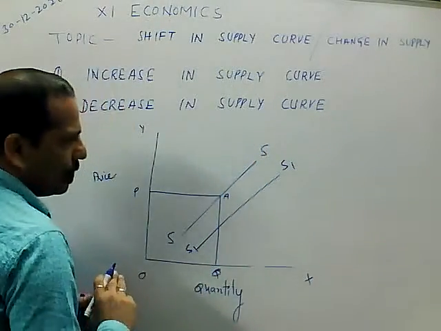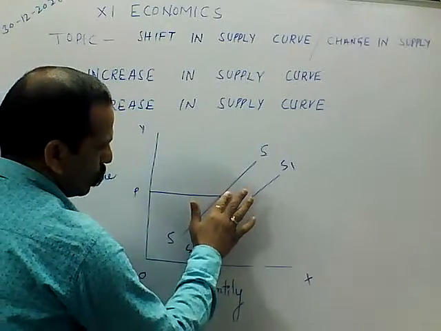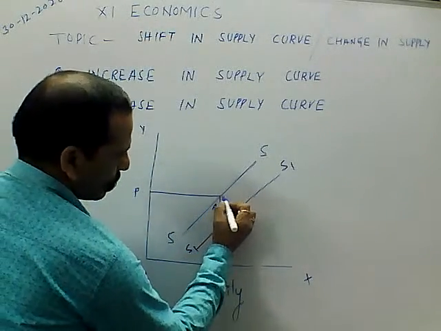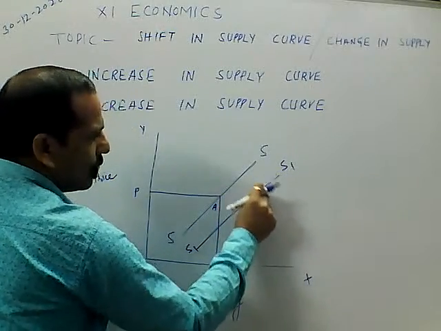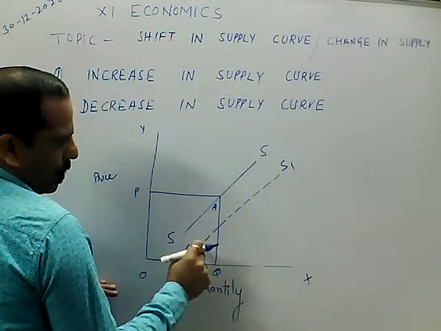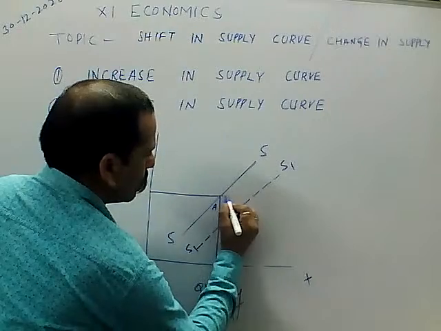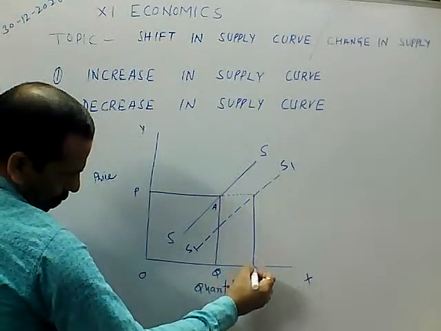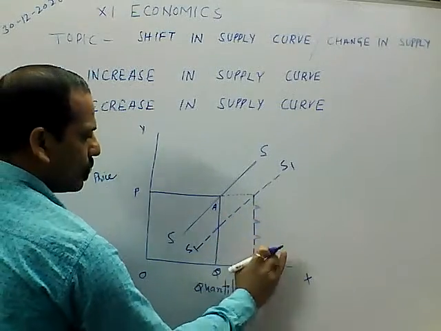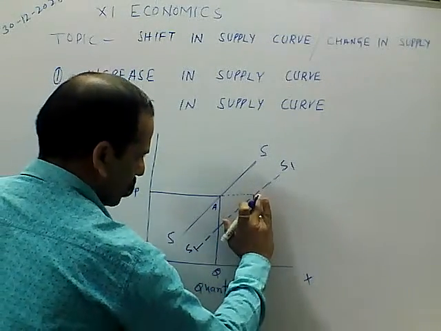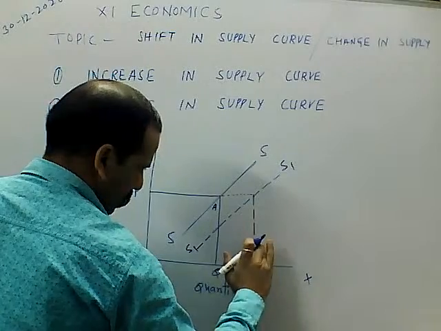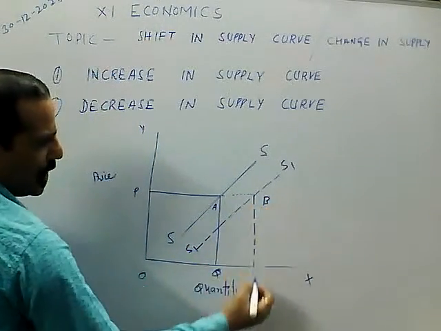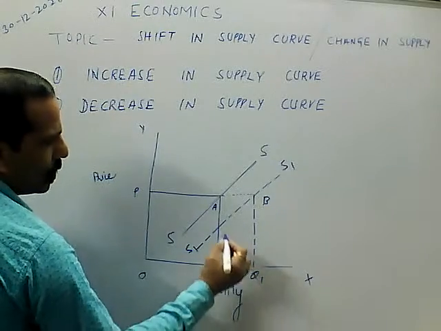S1, I am writing, the new supply curve. This is a broken line. So this is A, and this is point B, and Q1.